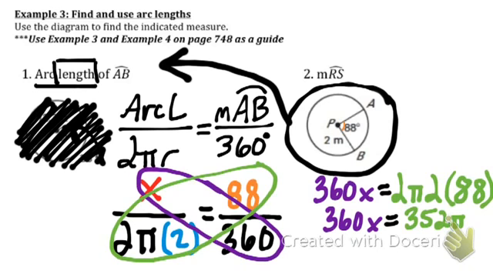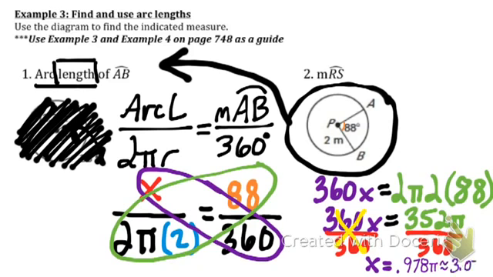I'm still giving my exact answer. Now I'm going to solve for my x, which represents the arc length. I'm going to divide both sides by 360, which cancels out my 360, so I'm just left with x. So x would be equal to 0.978 pi. That would be an exact answer. If I had an approximation incorporating pi in my answer, it would be about 3.07 meters.